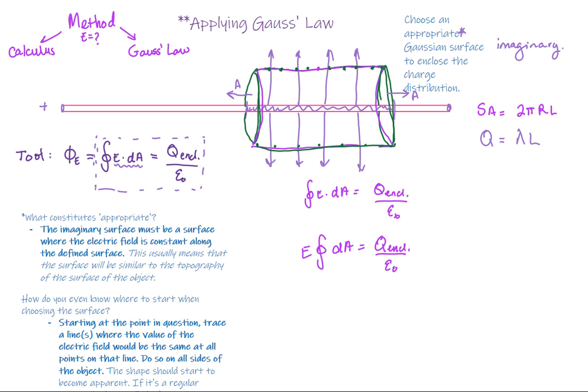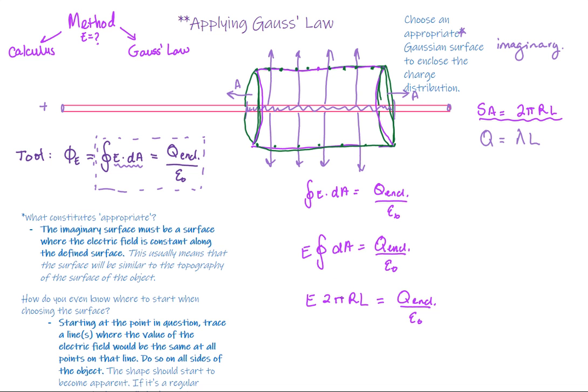And next up, I'm going to do the integration. Well, this is just adding up all the small, tiny little pieces of area and summing them all together. And so when I've done that, I'll get the surface area of the cylinder. So I'll be left with E times 2 pi RL equals Q enclosed over epsilon naught.